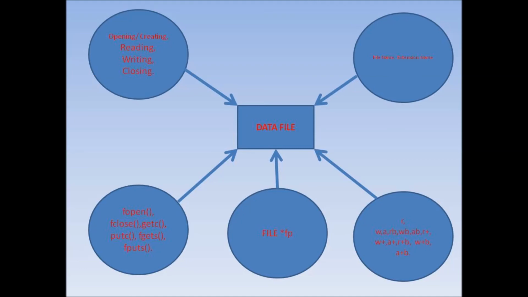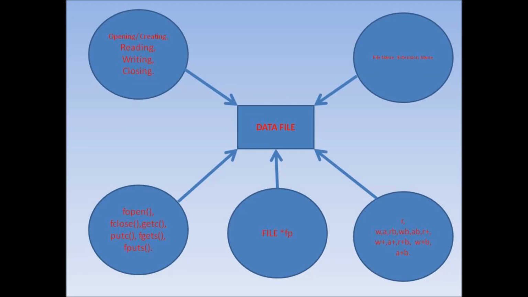If we open the file in rb mode, we are opening a binary file for reading. If we open the file in wb mode, we are going to perform a writing operation in a binary file. And if we open the binary file in ab mode, we are going to add some new information to that binary file.